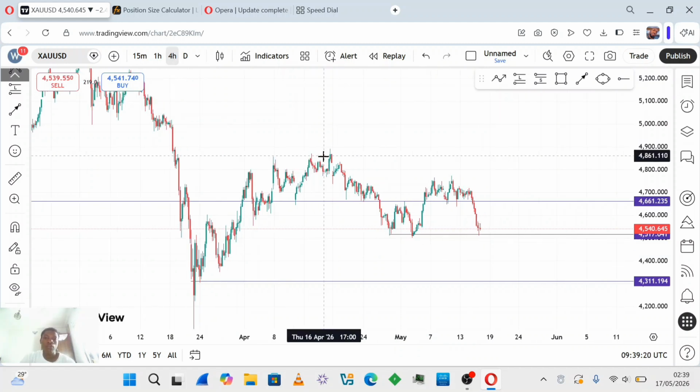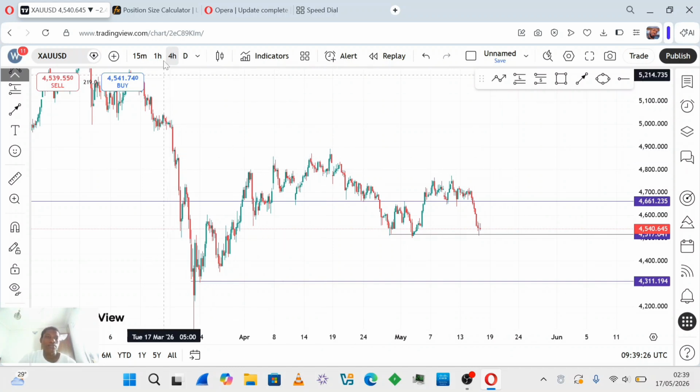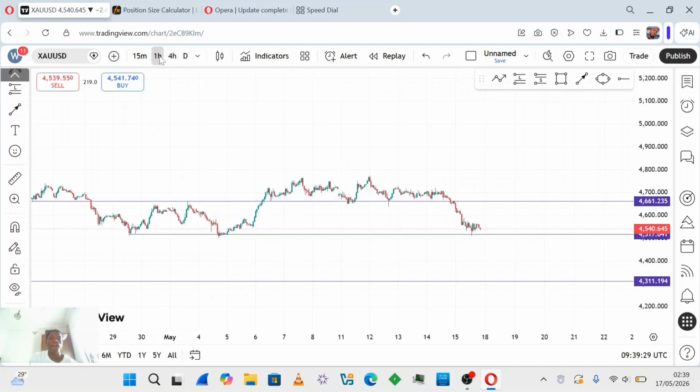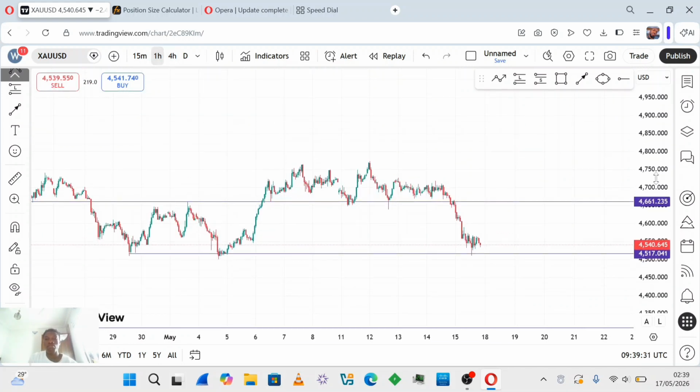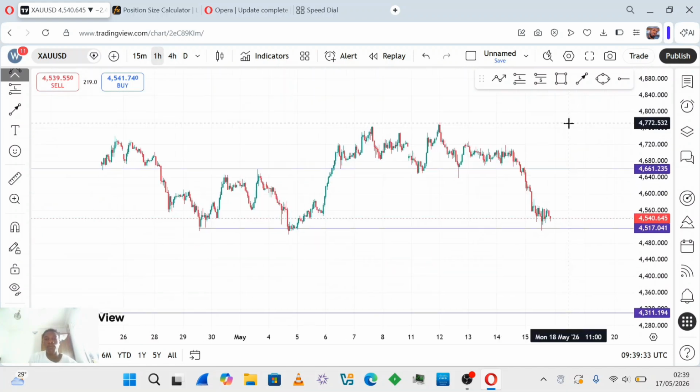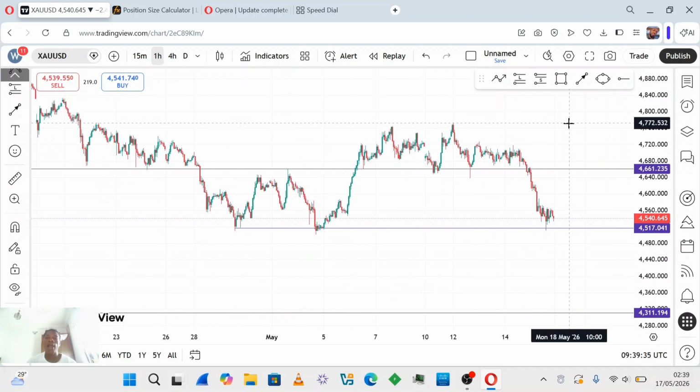Now for you to enter, you need to head on to the 1 hour time frame. Since you're selling to the buyers and you're buying from the sellers, you need to know the area of buyers and the area of sellers.